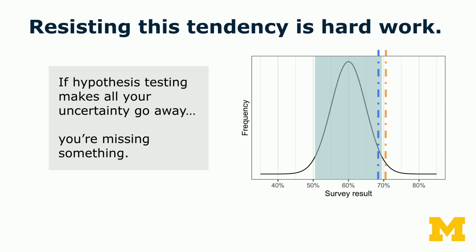Resisting this tendency is very hard work, and even professionals fall into this sort of thinking. But if we want to use this tool correctly, we have to remember that it's not a substitute for certainty. It's a tool, but it's not going to completely give us certainty. And if hypothesis testing makes all of your uncertainty go away, then you're missing something about how it works.